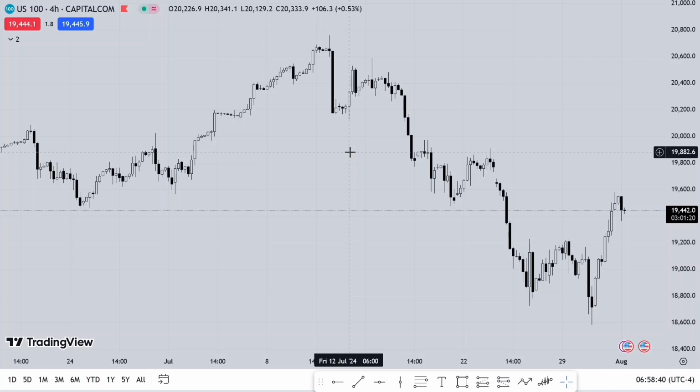So when you're watching ICT's concepts, especially when he was on Twitter, there are things he does when a window of price action is about to reach, let's say, 9:30 a.m. Time is almost at 9:30 a.m. He will come on Twitter and tell you to note a price point.